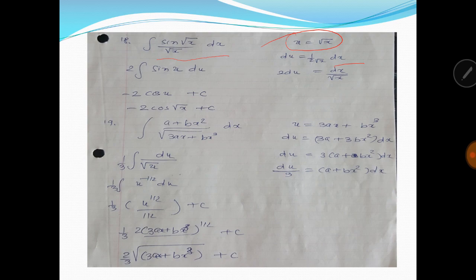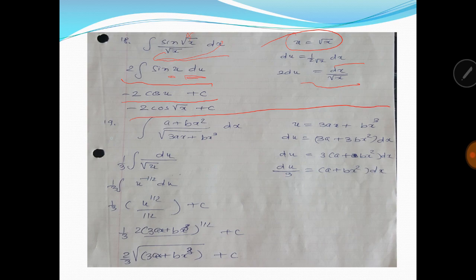So 2 du is equal to dx upon square root x. So you have dx upon square root x, that you replace by 2 du, and square root x you replace by u. So now it's easy, you have 2 sin u du, which is minus 2 cos u, and replace u by square root x. That's your final answer.